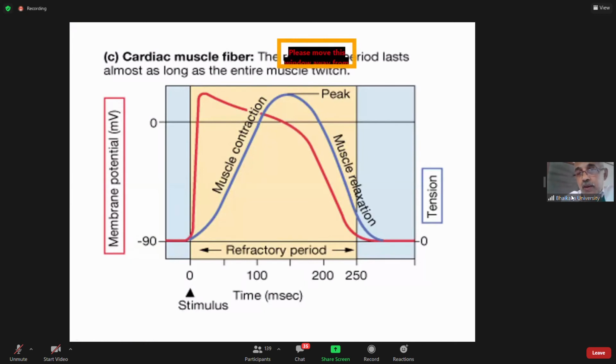The result is, by the end of the absolute refractory period, 70% of contraction is complete. Understood? If you look at the arrow, by the end of the absolute refractory period, 70% of the contraction is complete. So what is the absolute refractory period?